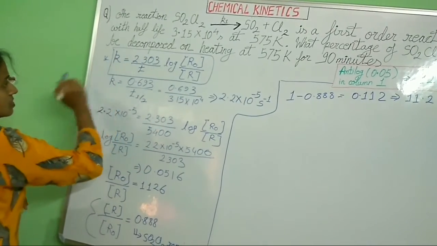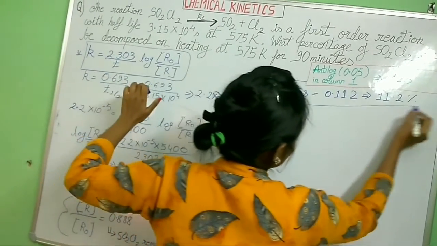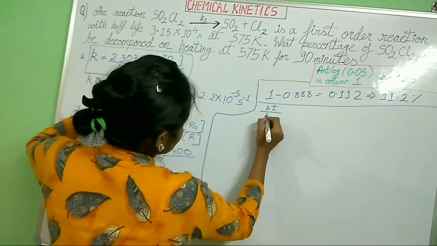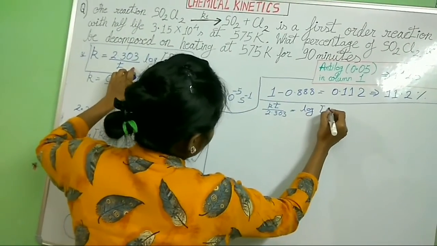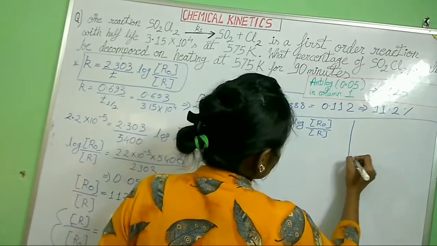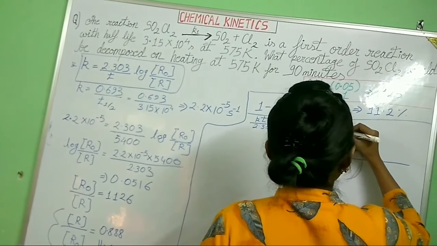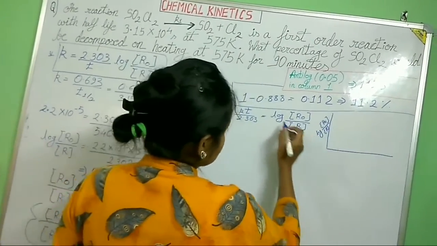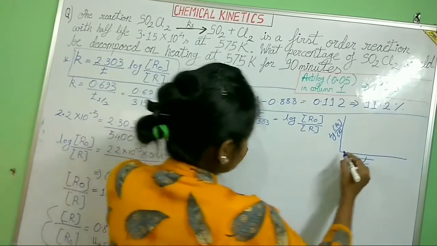Now, let us see some of the graphs. Okay, this formula can also be written in another way, like kt by 2.303 equal to log R naught by R. So if we plot log R naught by R on the y-axis and time on the x-axis, then what will be the slope?